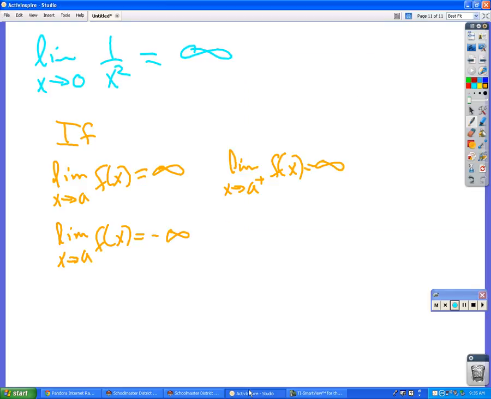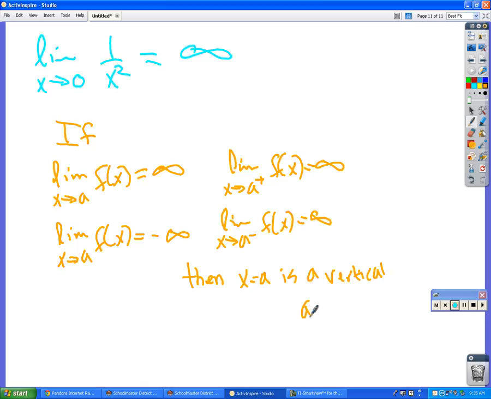Oh, I was doing it from the positive side, sorry. So we could also do it from the negative side, or you could change both of those infinities to negative infinities, right? Any one of those things happen, then x equals a is a vertical asymptote. Okay?